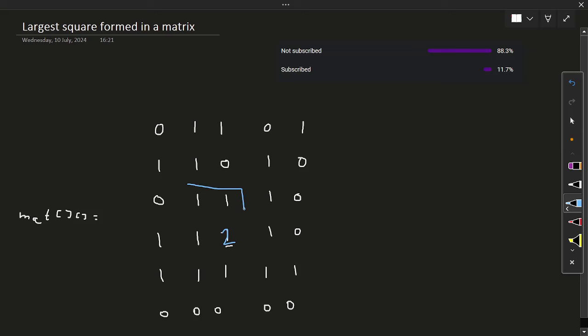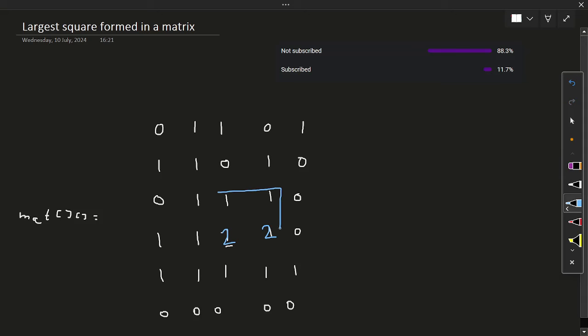As you can see, 2 is the maximum square that we can make. Particularly, it is the minimum around these corners. Let's jump into the next cell, it will be clear now. The minimum we can take is 1, so add 1 here. It will be 2.